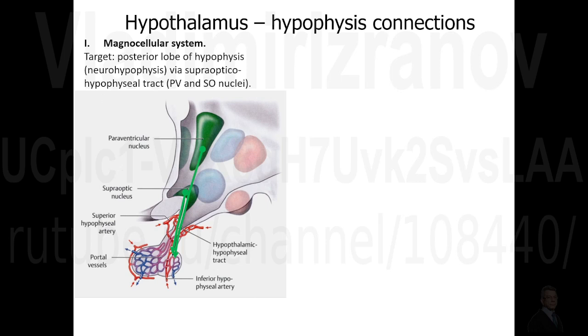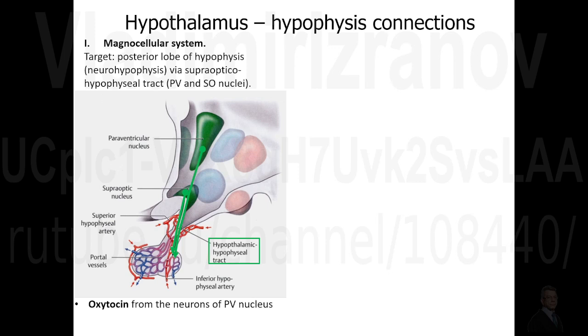Terminals of paraventricular and supraoptic nuclei release two types of hormones in the posterior pituitary lobe: oxytocin from the paraventricular nucleus and antidiuretic hormone or vasopressin from the neurons of supraoptic nucleus.